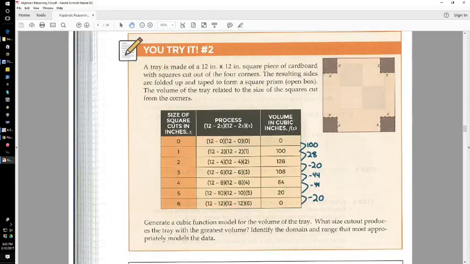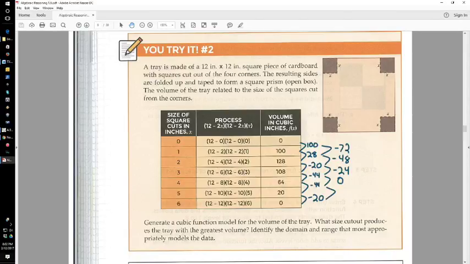But here we go. 28 minus 100 equals negative 72. Negative 20 minus 28 equals negative 48. Negative 44 minus negative 20 is negative 24. Negative 44 minus negative 44 is 0.